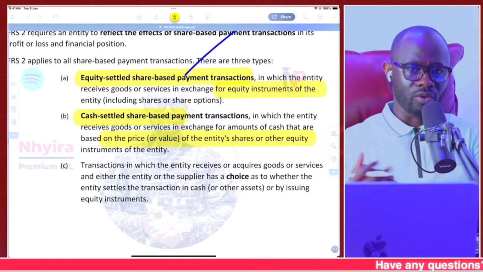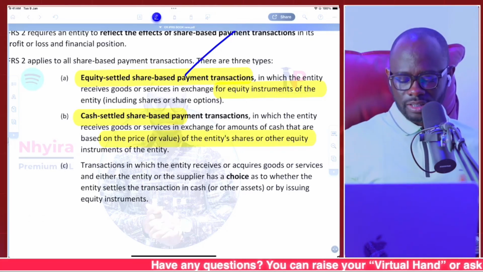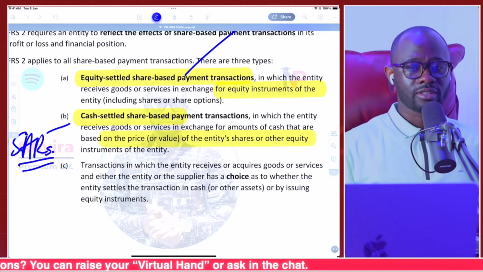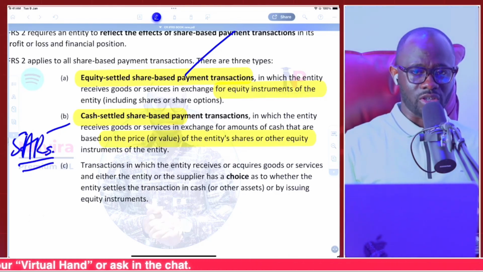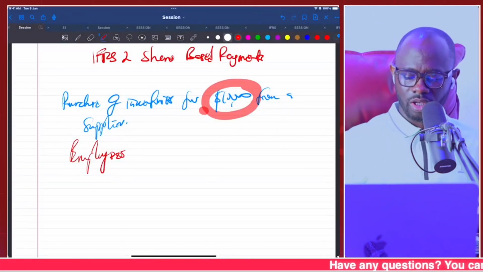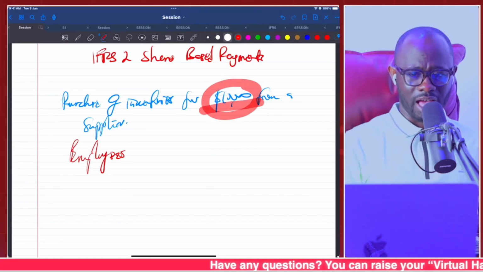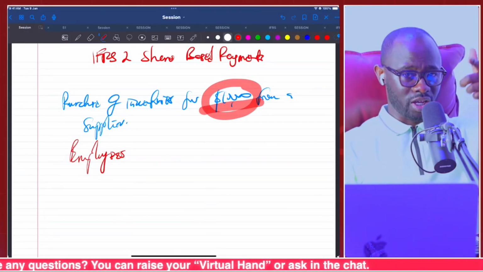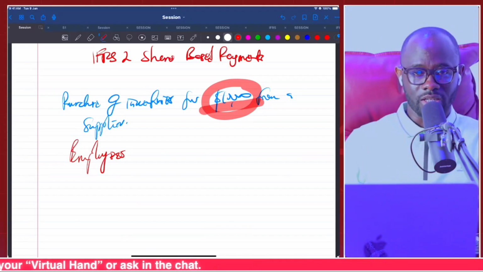That's the second one. And to employees, usually that will be called share appreciation rights. And we'll come down to that in a moment. So hey, supplier, guess what? We'll give you some 10K. But the money we'll be giving you will be based on the value of the shares of the company.